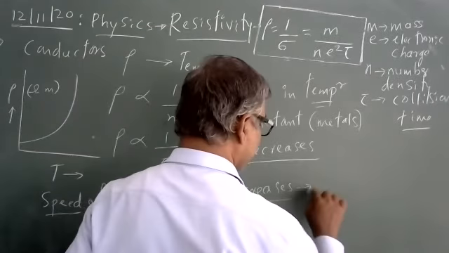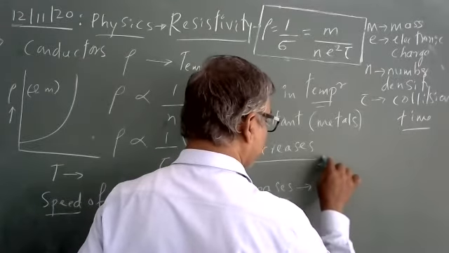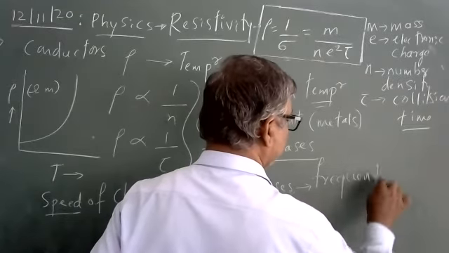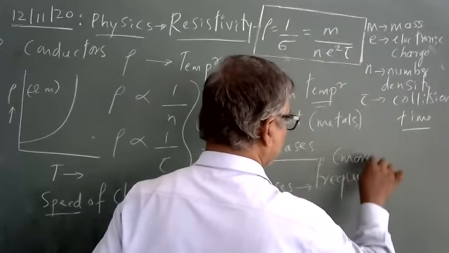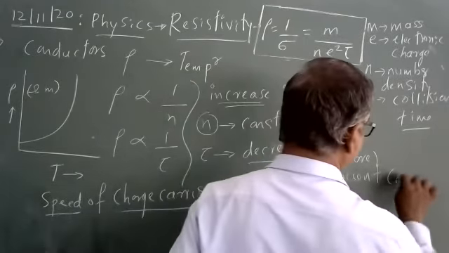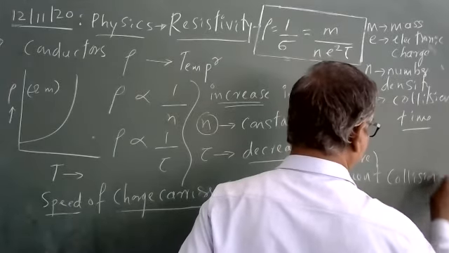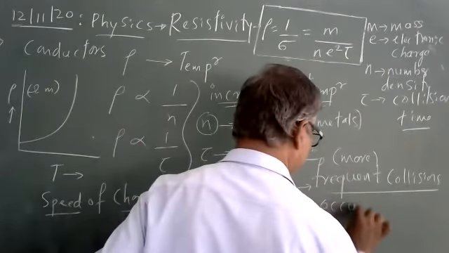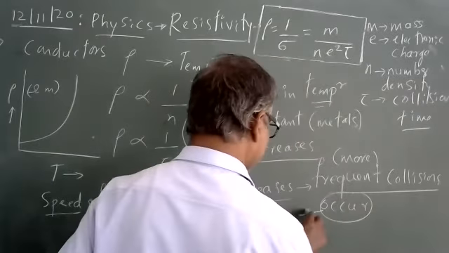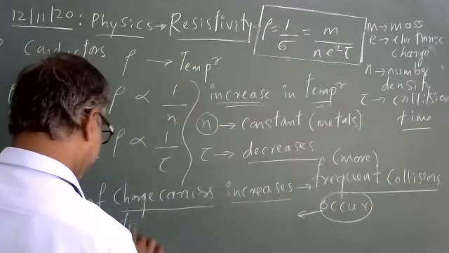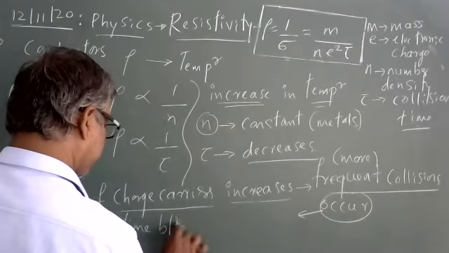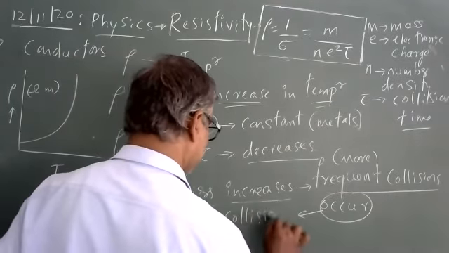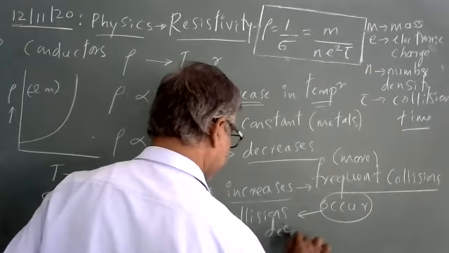When it increases, more collisions, frequent collisions will take place. When frequent collisions occur, the time between two collisions decreases.